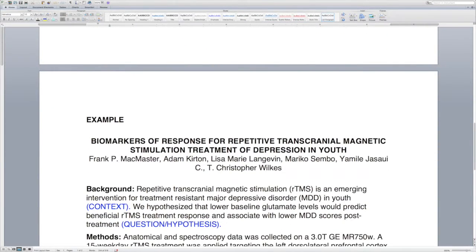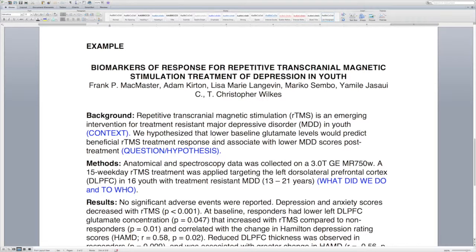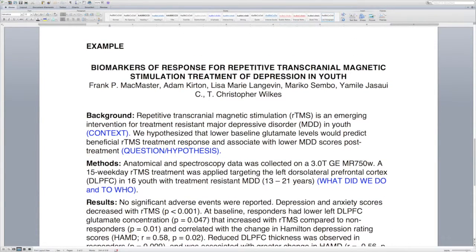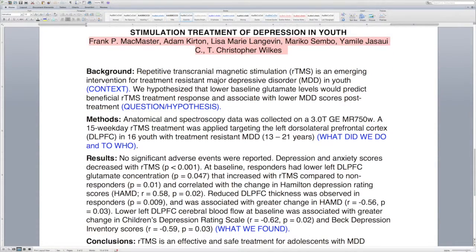So here's an example. This is an abstract from my group for a recent local conference that we did. We kept a fairly simple title. We listed everybody. We didn't have to list affiliations on this one. That was okay.